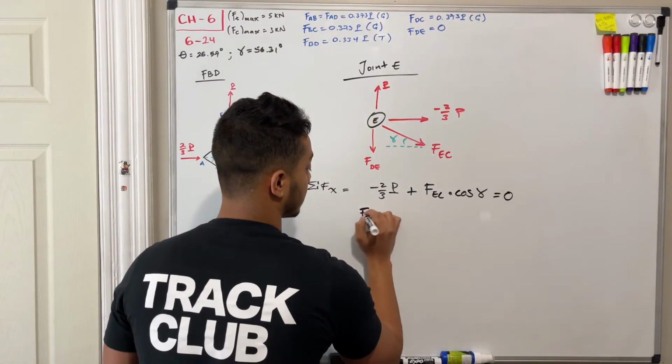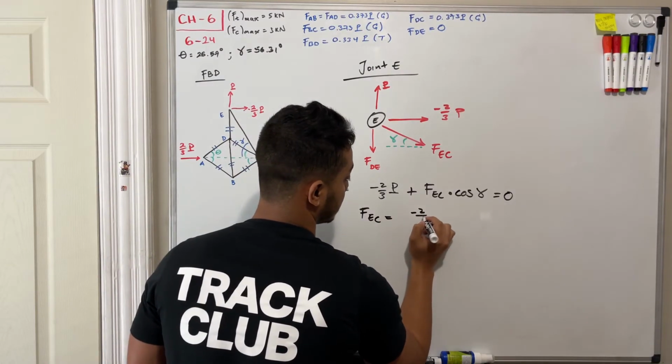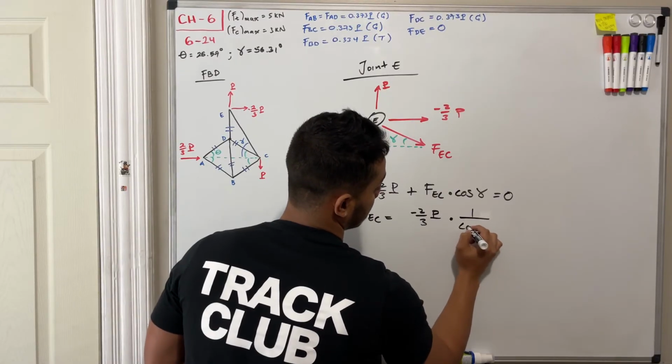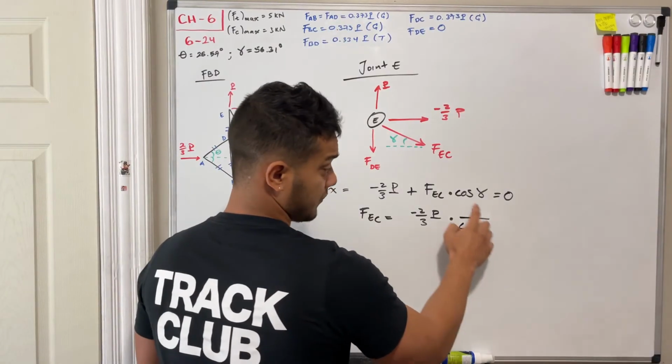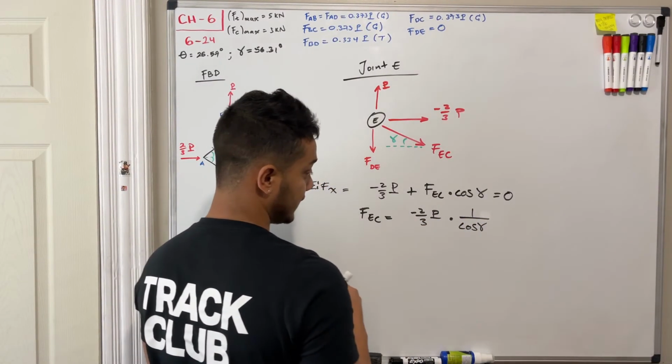So if I want to solve for my force EC, that will be equal to negative 2/3 P multiplied by 1 over my cosine of gamma. Okay? Why 1 over? Because if over here is multiplied, then over here you have to pass it and divide.